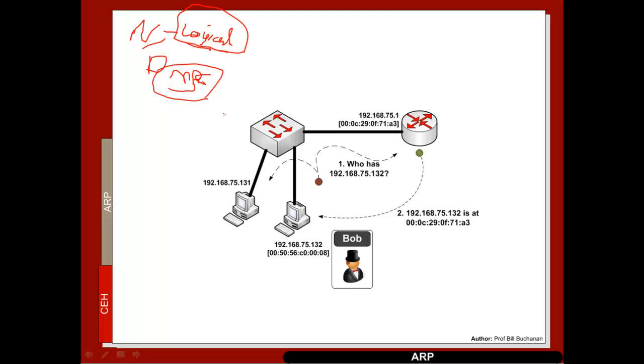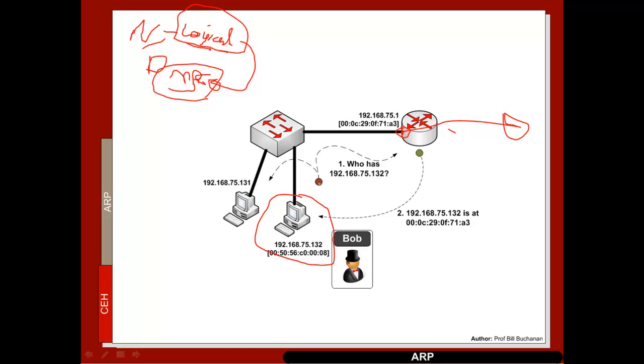So ARP is a protocol that allows us to find out what the MAC address is of a certain logical address. So in this case, this node here, Bob, wants to actually find out what the MAC address is of the gateway. Okay, so if Bob wants to get out onto the internet, he must actually find out what the MAC address is here to be able to communicate with this port, so that the router can actually send the data out onto the internet.